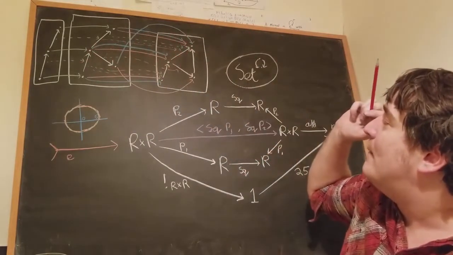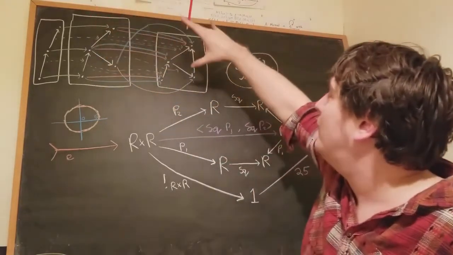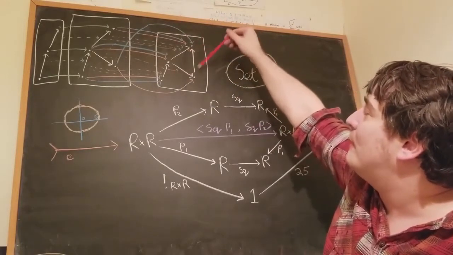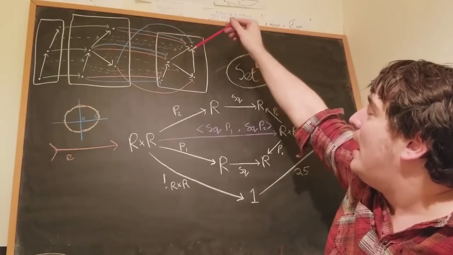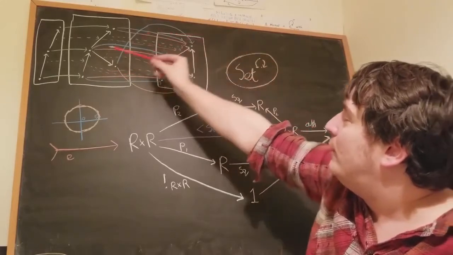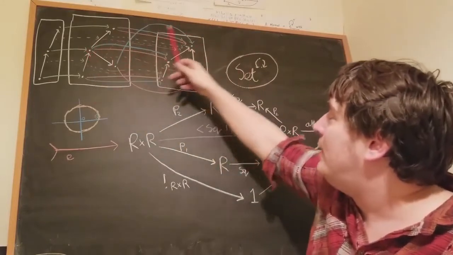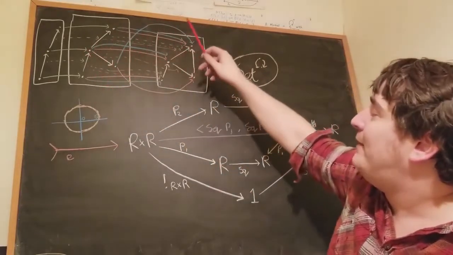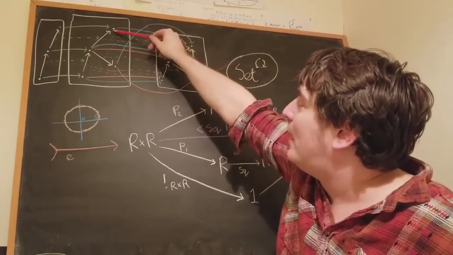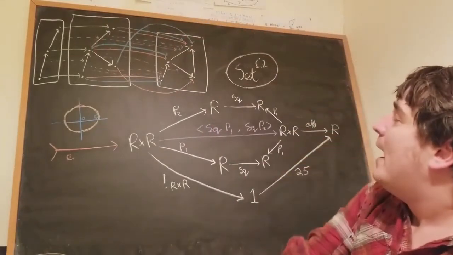We have the red one, which pretty much is just taking this and embedding it here, sending stuff to everything apart from this edge here. And then the blue arrow from this object to this object is doing pretty much the same thing, except it's folding this directed edge on top of this directed edge, sort of like this, okay?